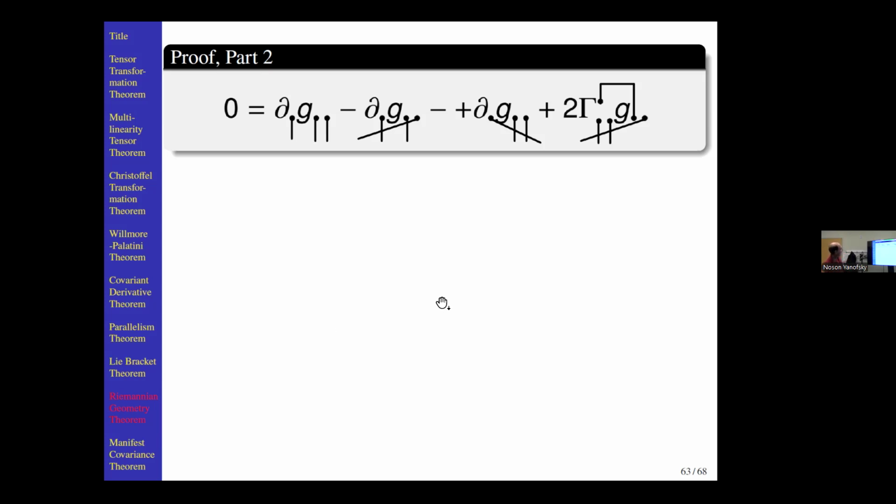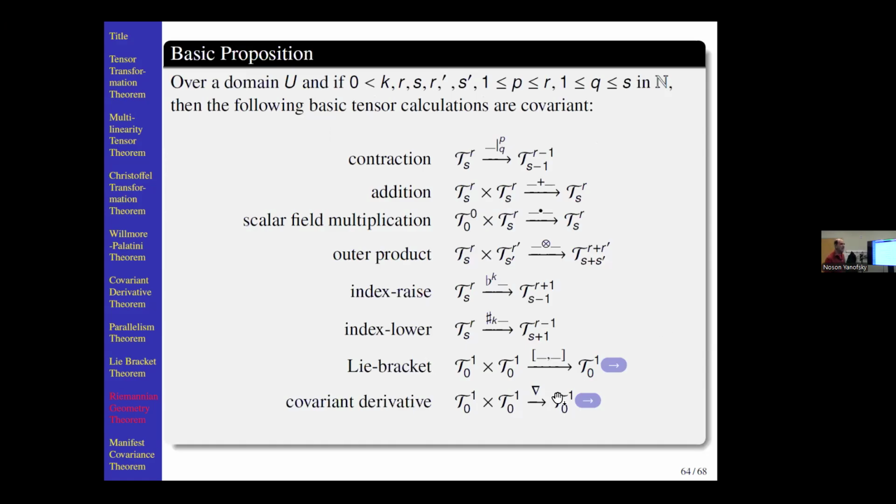Okay. Now comes the beginning of the end of the talk, because not only are the sharps and flats covariant, but also contraction, being a totally linear operation, is covariant. Addition of fields is covariant. Scalar field multiplication too.